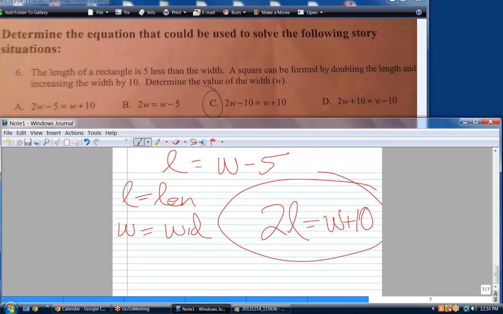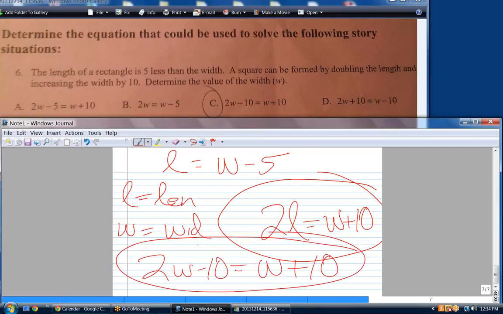Now I substitute. The mistake I made was doubling this and then adding 10 to this. Well, you don't add 10 to this, you add 10 to W. So now I get 2W minus 10 equals W plus 10.